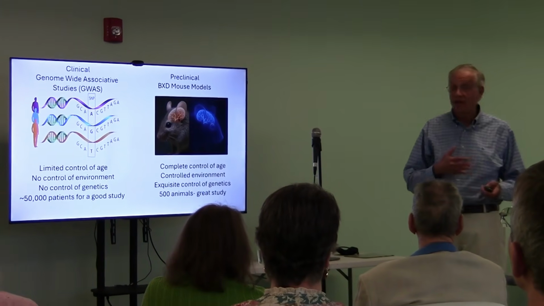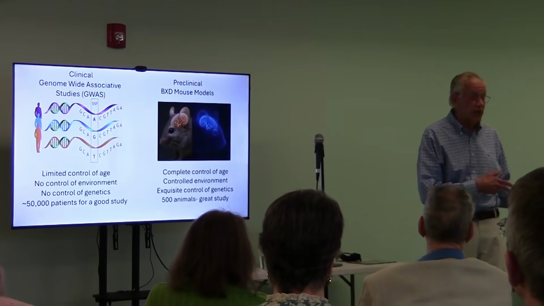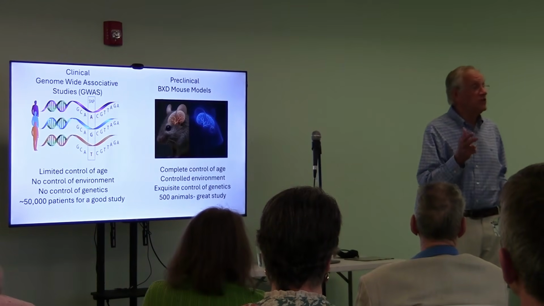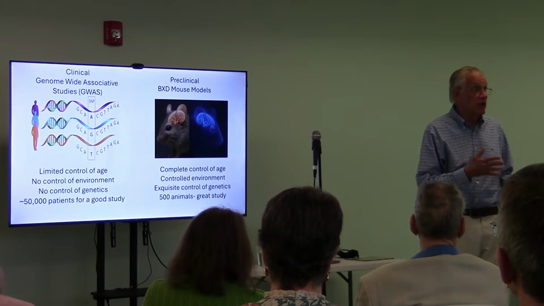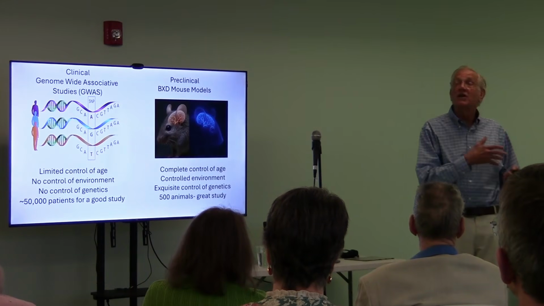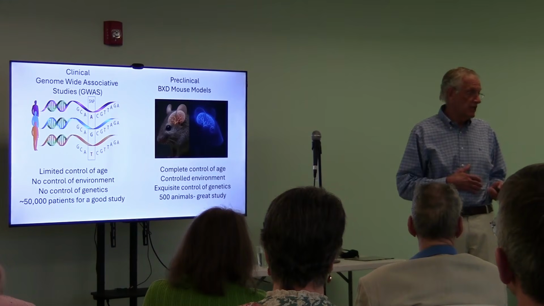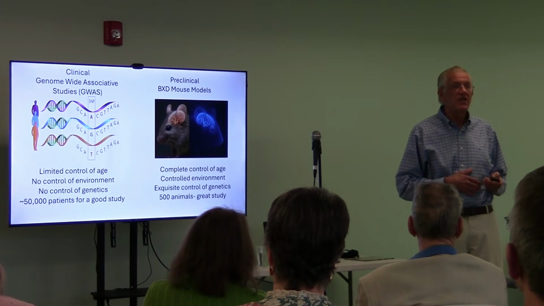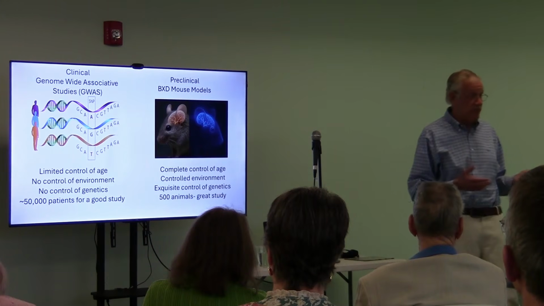But find me patients with Alzheimer's disease who are 35 and 38, or that don't smoke, that don't have the genes that are going to predict Alzheimer's. Controlling for this is just a nightmare. So a typical GWAS study has to have at least 50,000 patients to get statistically significant results.